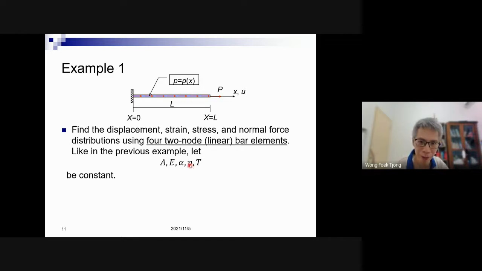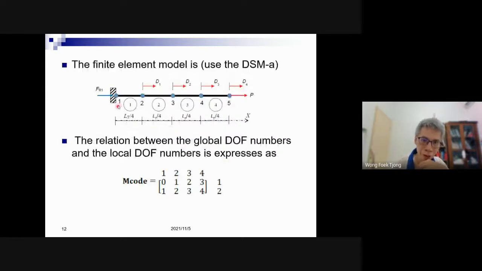Constant P, and then all constants, T. So in this problem, I made the problem as simple as possible, all constants, okay? We have solved this, right, using analytical methods, using calculus. But here we use finite element. To use finite element, we divide into separate elements. How many elements? In here, assume that we use 4 bar elements. Okay, so we use 4 bar elements like this.